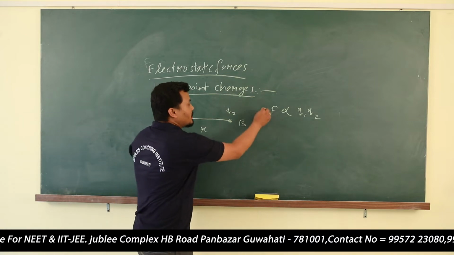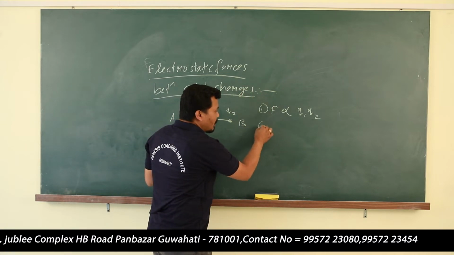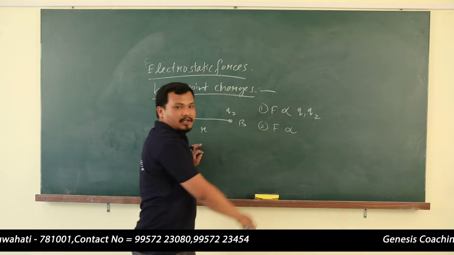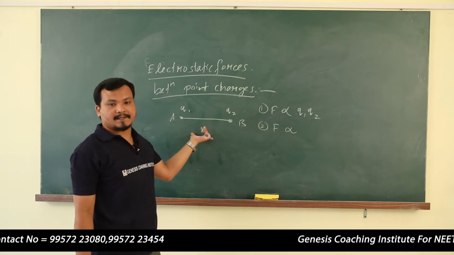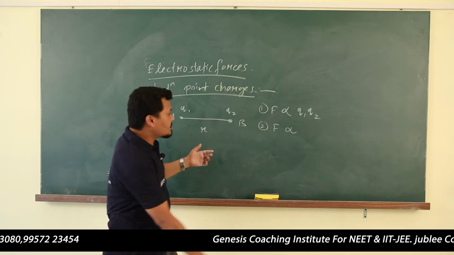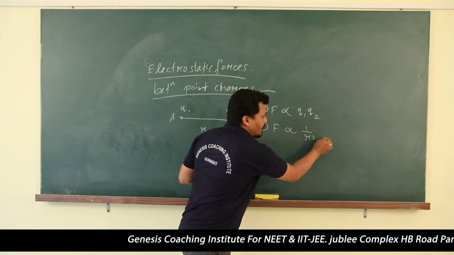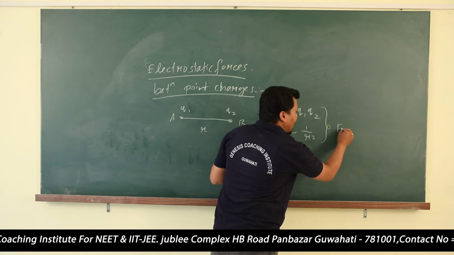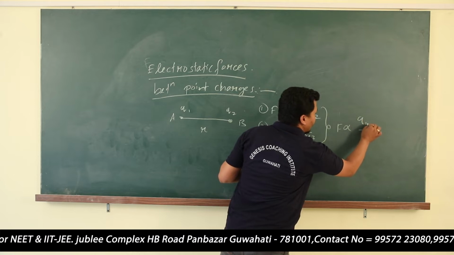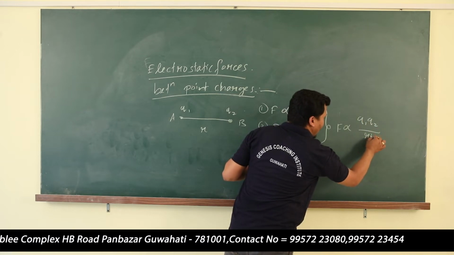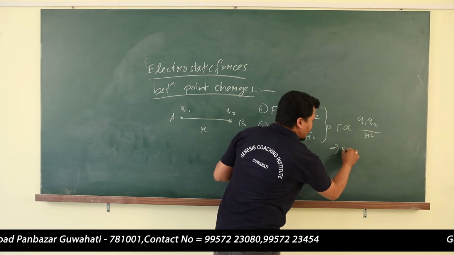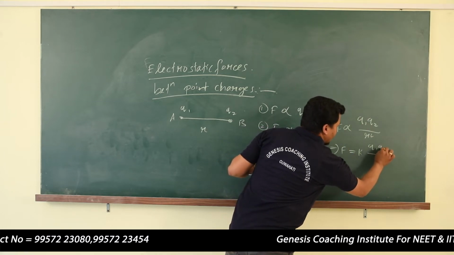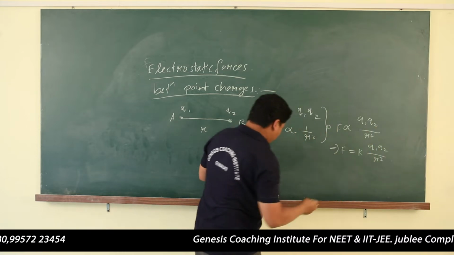And one more point, according to Coulomb's law, this force is also inversely proportional to the square of the distance between the 2 charges, that means 1 by R square. Now combining these 2 points, we get F proportional to Q1 Q2 by R square, or F equals K Q1 Q2 by R square, where K is a constant.